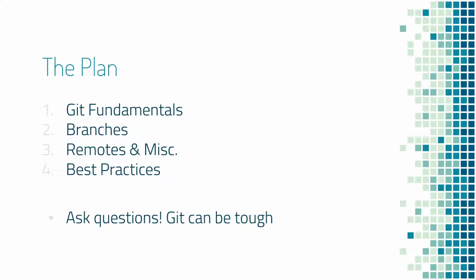Then we're going to talk about branches, remotes, and some other stuff. And then at the end, we're going to go over some of the best practices I've seen. And I know Git is a little bit tough and can be confusing at times. So I've got the general chat open on my phone, so if at any time you have any questions, just throw them in there and I'll be sure to get to them.